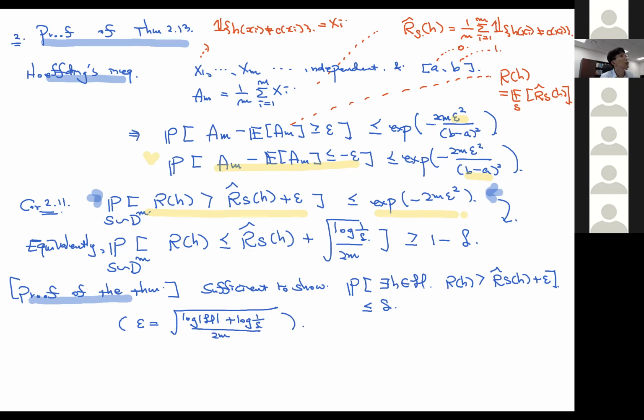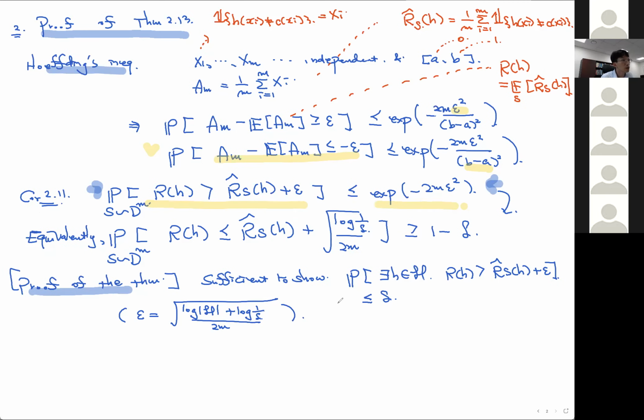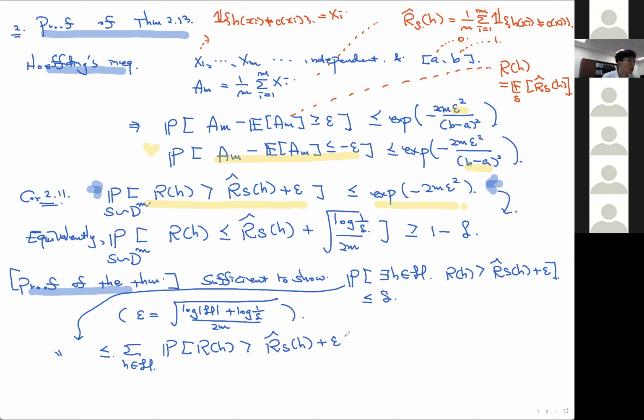Now, how to prove this? Proving this is not very difficult. We just use the union bound. So this probability is going to be bounded by, if we do the union bound for every h in H, the probability that R of h is greater than its empirical risk, so the probability that our bound is not quite right.